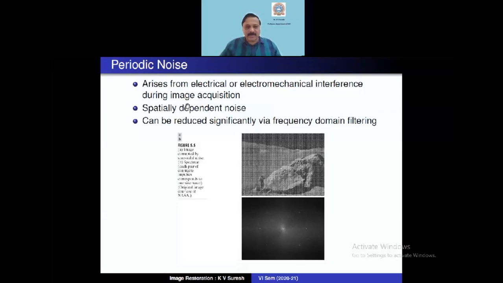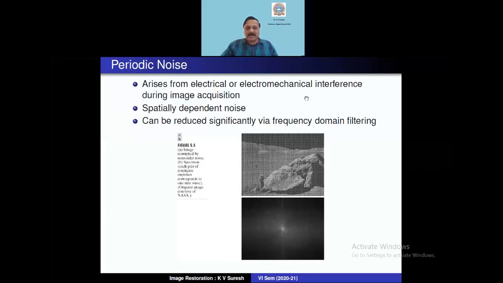Now let us try to see another type of noise called periodic noise. Normally, when there is some electrical, electromagnetic or mechanical interference during acquisition, usually this type of noise is going to occur. And this type of noise is actually spatially dependent.